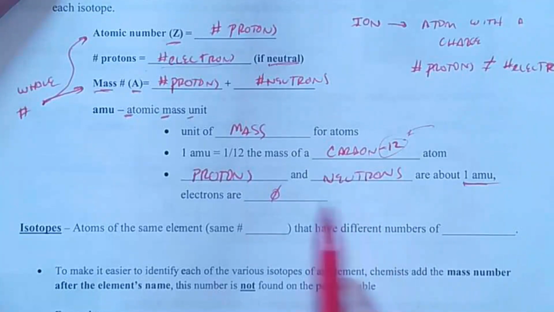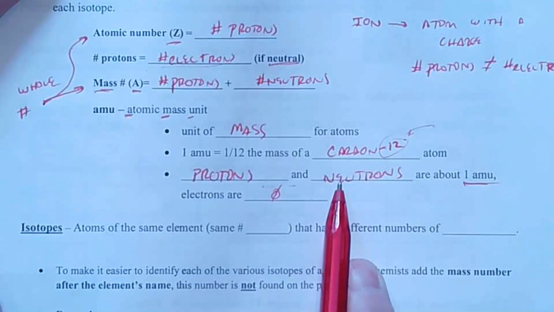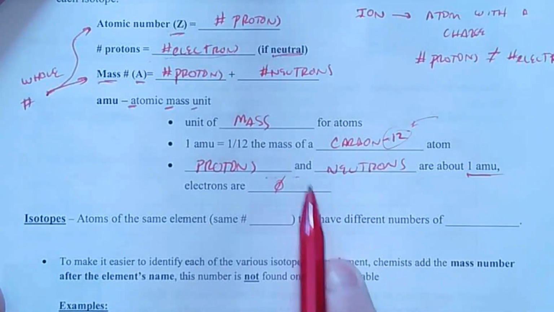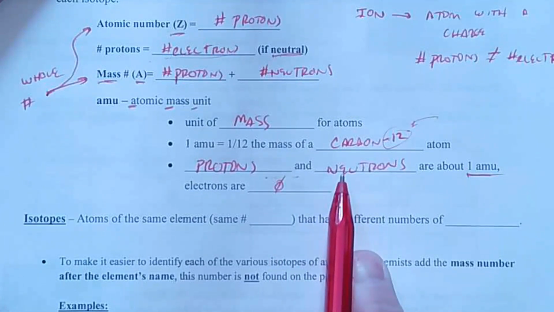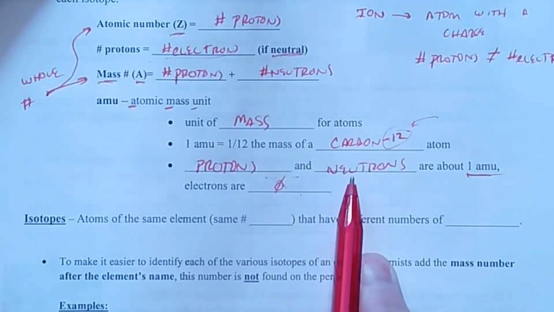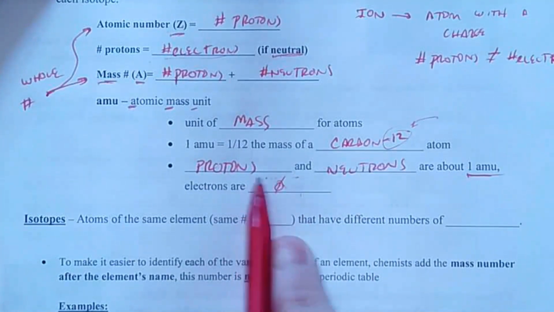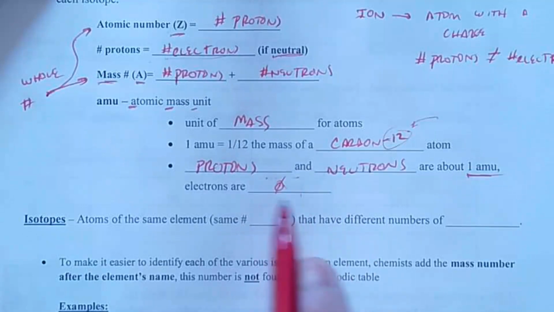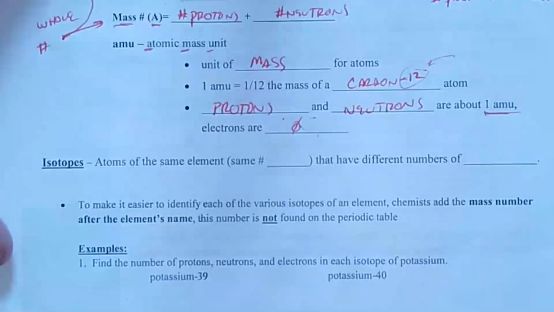And just by knowing that, you can probably make the leap to understand that a proton and an electron combine to form a neutron and vice versa. But these two have pretty much the same mass just because of how small the electron's mass is. So that's why we can get around by saying they have a mass of about 1 atomic mass unit.